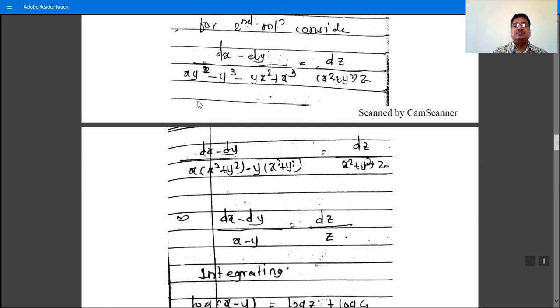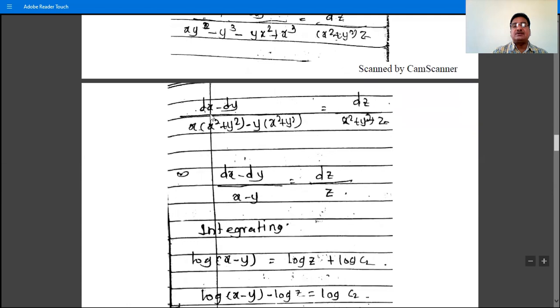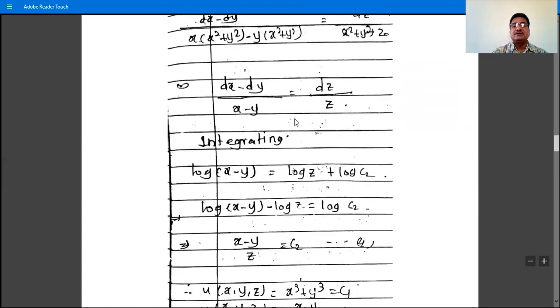Take x as common, so we have in the bracket x square plus y square, and from the middle two terms take minus y as common, so we have x square plus y square in the bracket. Then take x square plus y square as common and cancel x square plus y square. So we have x square plus y square in the bracket x minus y, and then x square plus y square gets cancelled, so we have dx minus dy divided by x minus y equal to dz divided by z.